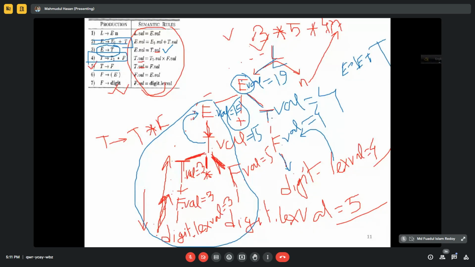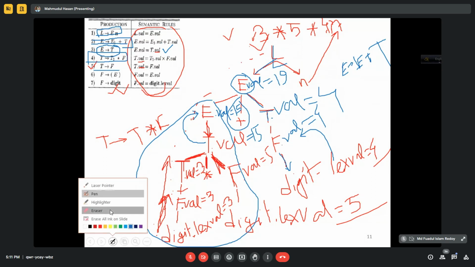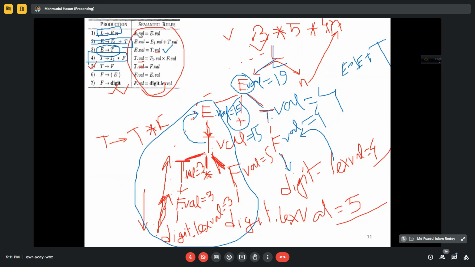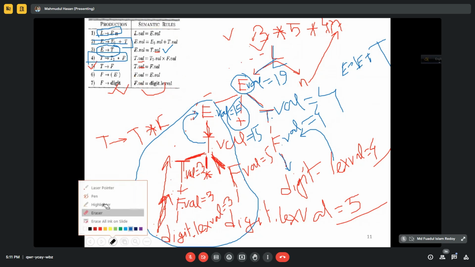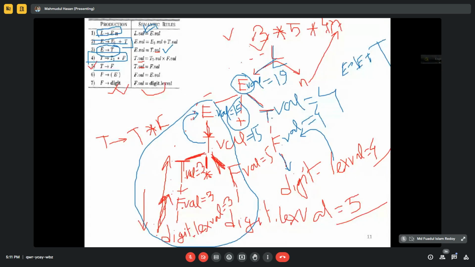So now go here. So L to E n. If you consider this production rule, what is the semantic rule? E value goes to L value. Just a minute. So E value goes to the L value. So what is the E value? That is 19. So L value will be 19.